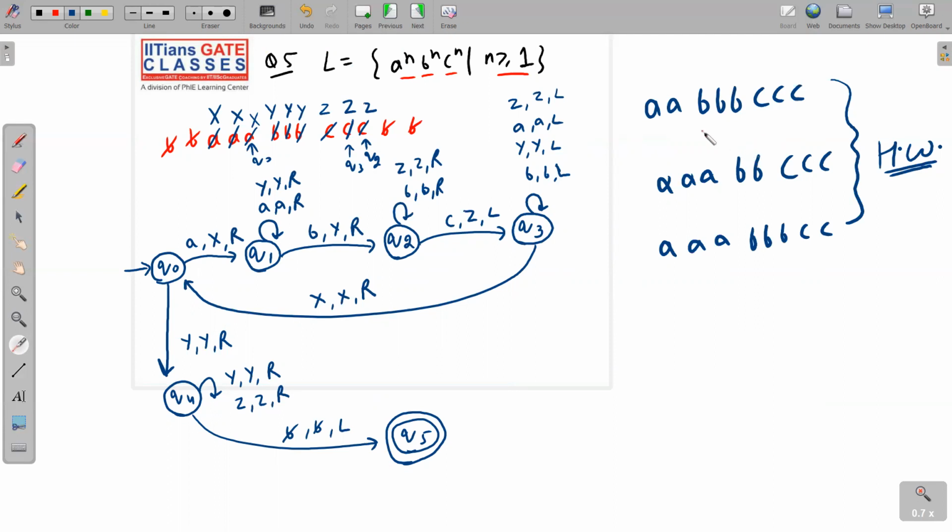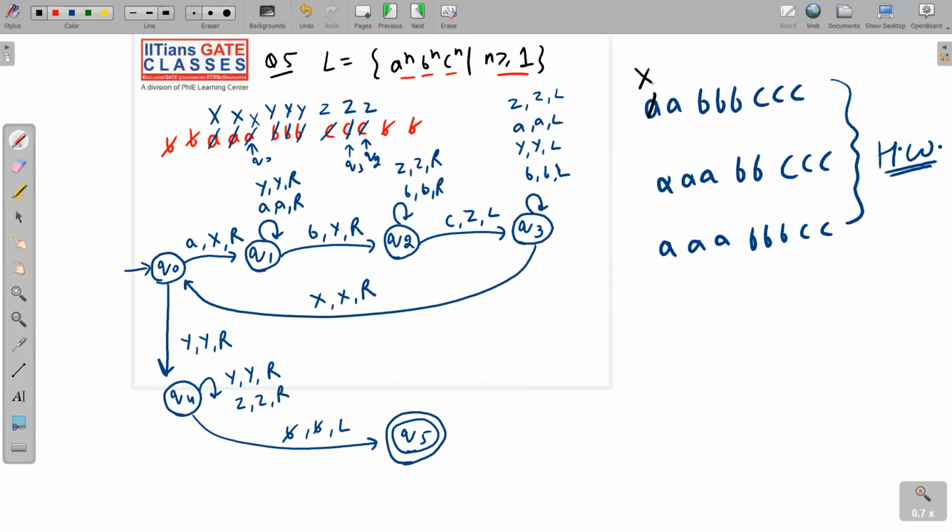Roughly, I will give you a hint for this. This is the first question, so I will give you a hint. See, this A will be converted to X. This B will be converted to Y. Let me show you properly.